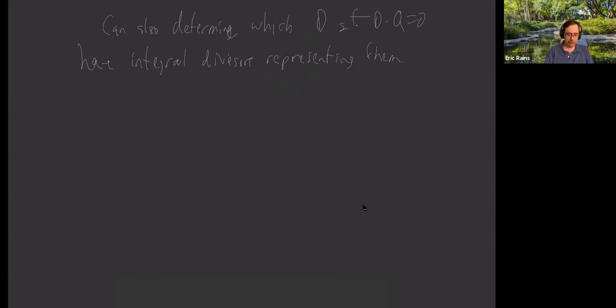So this includes algorithms for computing the cohomology of a given line bundle, for telling if D is effective.